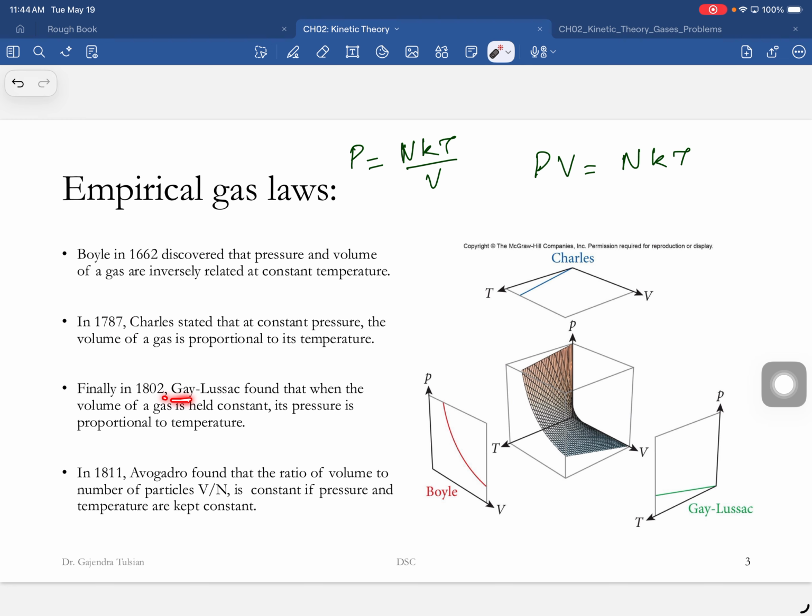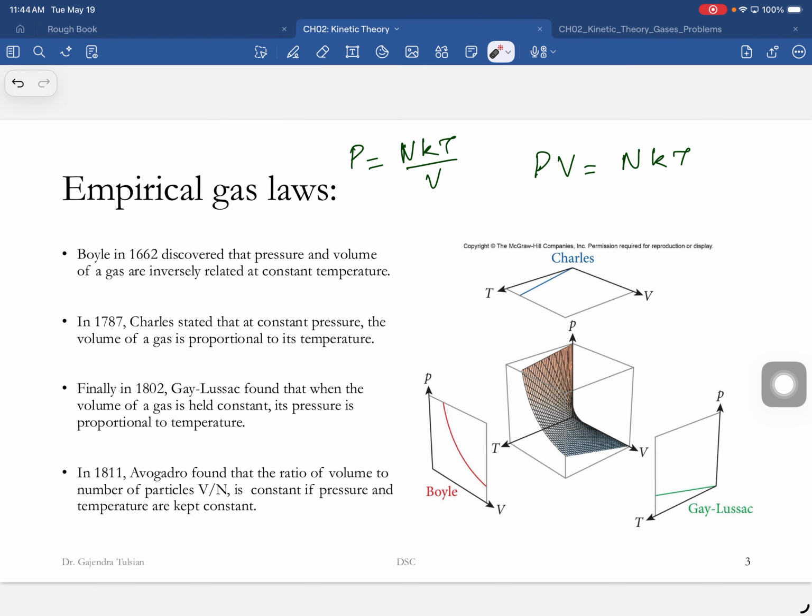And in 1800, another 15 years later, Gay-Lussac found that when the volume of the gas is held constant, its pressure is proportional to temperature. So you double the temperature, pressure will double if the volume is held constant. Then in 1811, Avogadro found that the ratio of the volume to the number of particles is constant if pressure and temperature are constant.